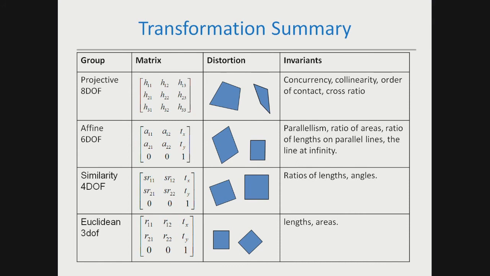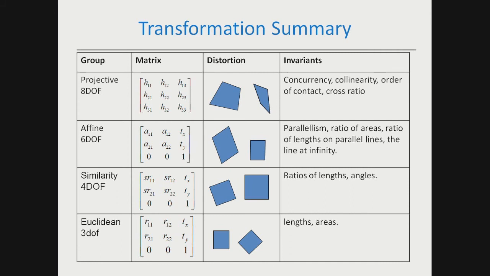But the big thing which is preserved is the cross ratio, which I will explain next. Other than this, pretty much nothing is preserved. Collinearity and order of contact actually come as a result of the cross ratio.